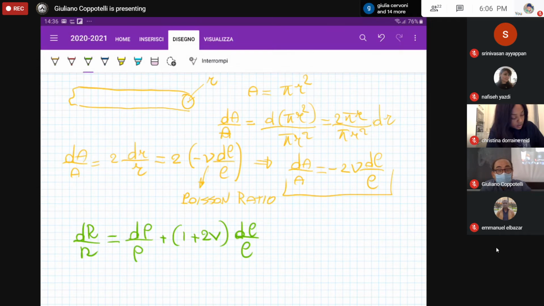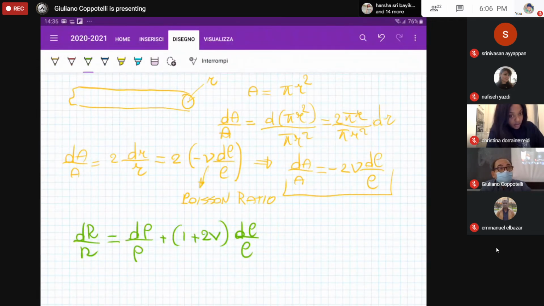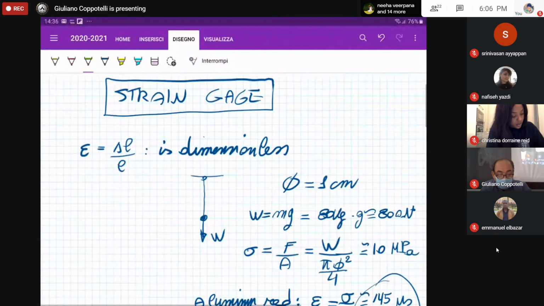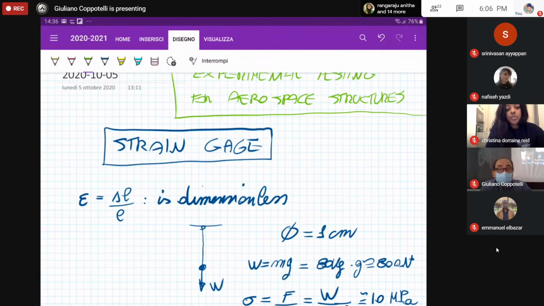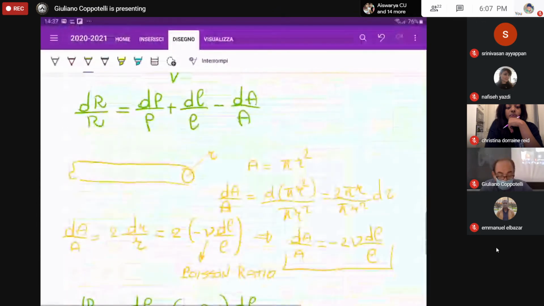Now, what's the meaning of this last ratio, the dL over L? If you go back to the very beginning, here, the dL over L is your strain in the longitudinal direction of the electrical wire, so the principal direction.